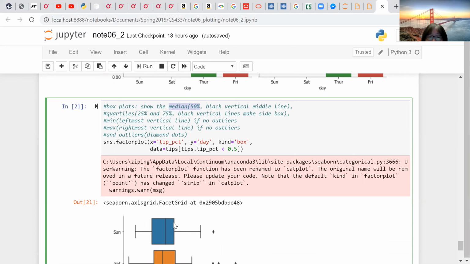The right vertical line of the box represents the 75th percentile, and the left vertical line of the box represents the 25th percentile. So the box basically represents the distribution between the 25th percentile and the 75th percentile. The leftmost vertical line represents the minimum, and the rightmost represents the maximum.